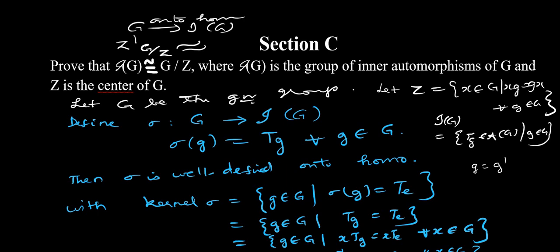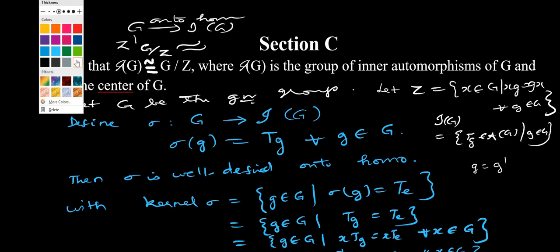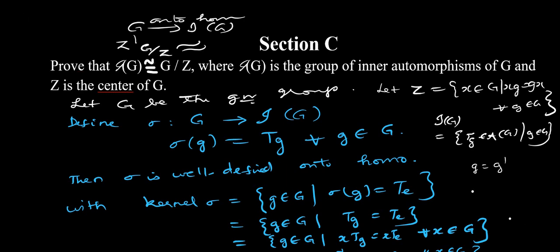See, our job is to show that, here we will write what is required, and then we'll establish it. So we want to show that Tg equals Tg prime. So to show this Tg equals Tg prime, we'll have to prove that their images are equal. So if you consider LHS, it is nothing but g inverse xg.